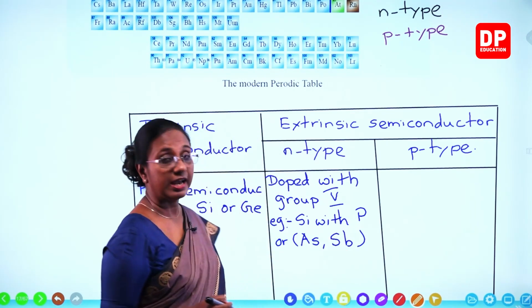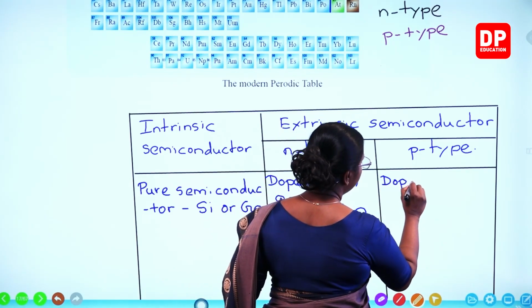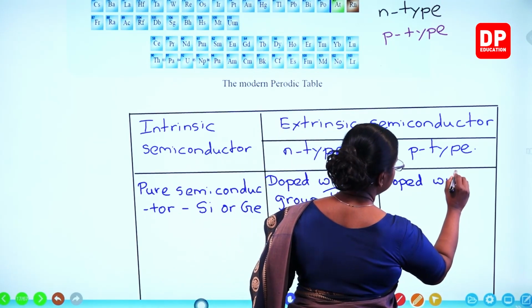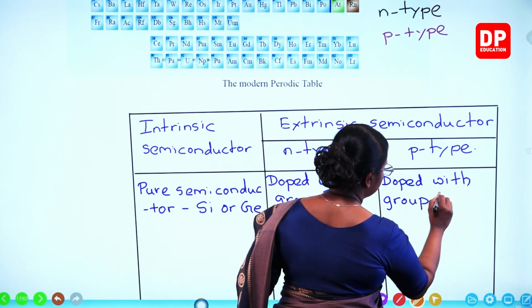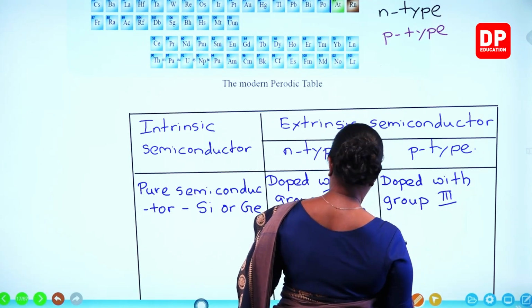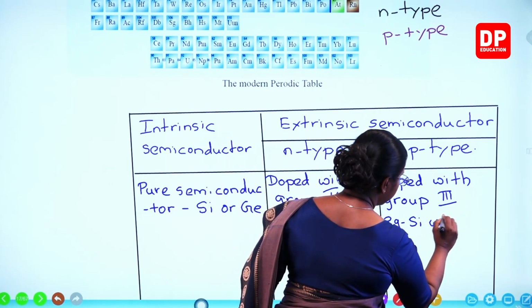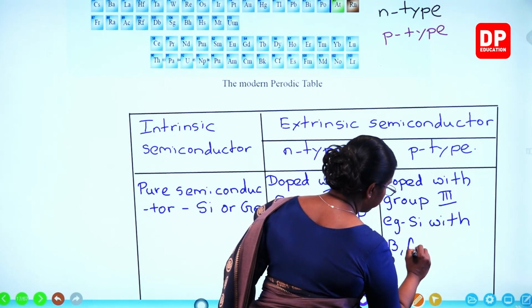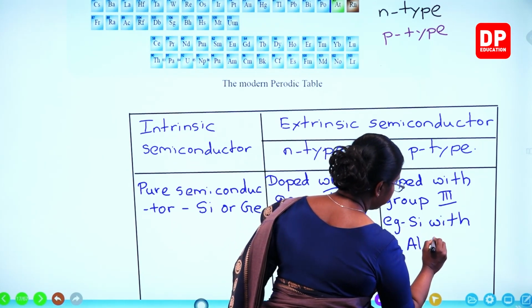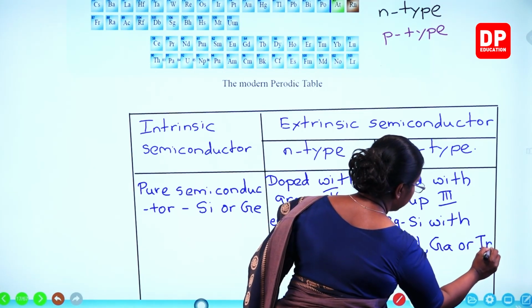Those are the group 5 elements. Here P-type doped with group 3. Example, silicon with boron, aluminium, gallium or indium.